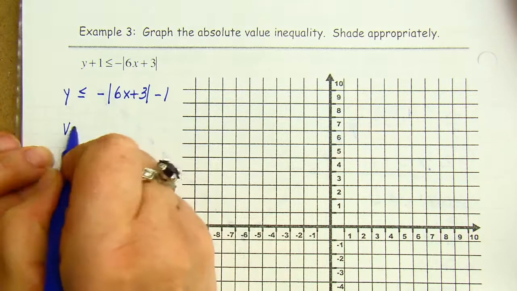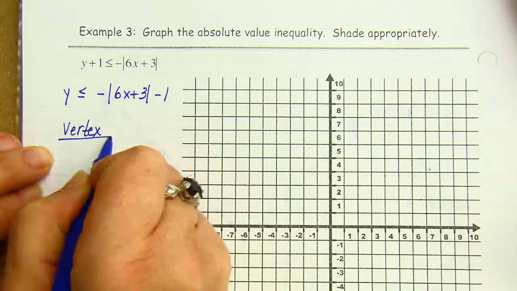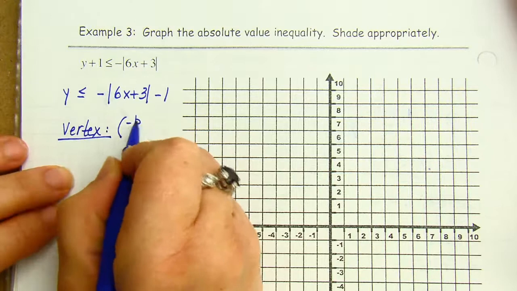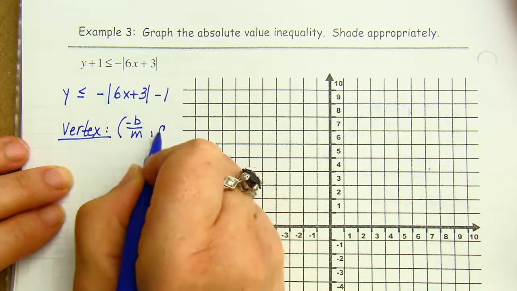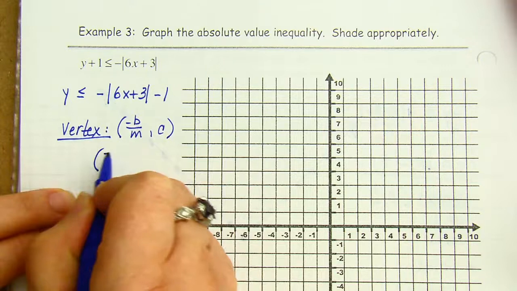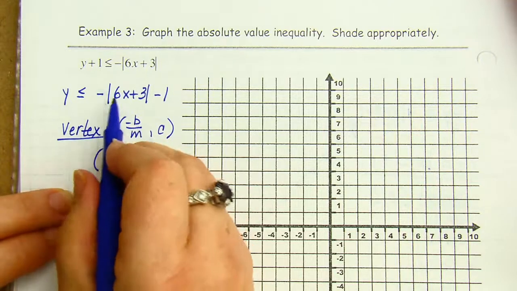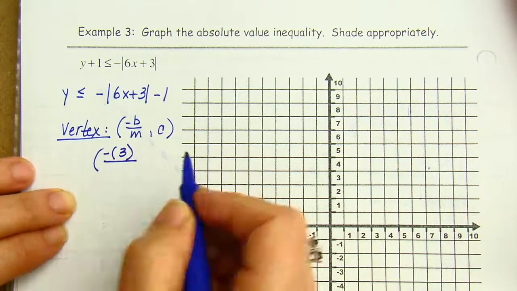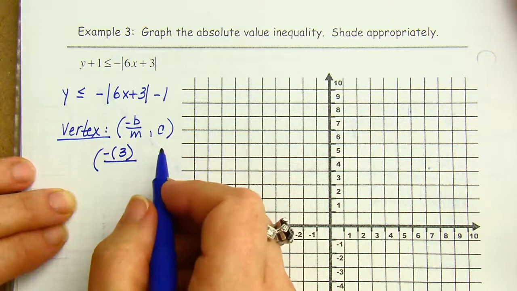My vertex is found by using the equation, the opposite of b over m, comma c. Well, the opposite of b, what's b? In mx plus b, b is 3, over m, what's m?